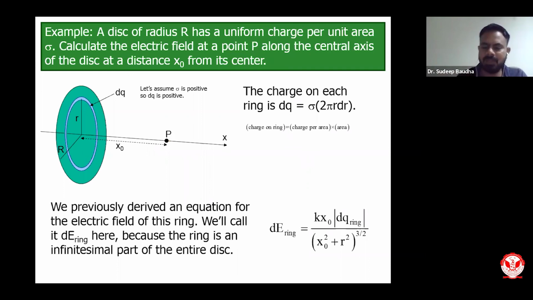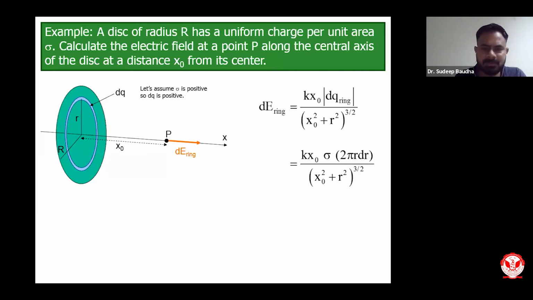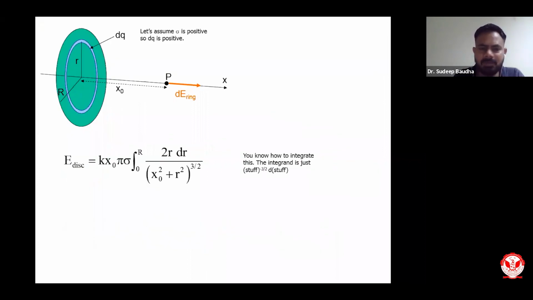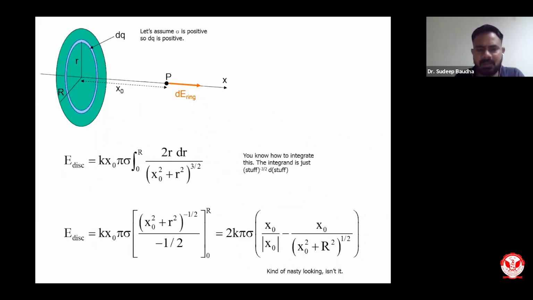I have found the area of that ring, and I have substituted dq with this particular value, and simply done the calculations. I have kept the limits for the disk from 0 to r, 0 being the lowest value and r being the radius, and I have got the value of the electric field of the disk on integrating.